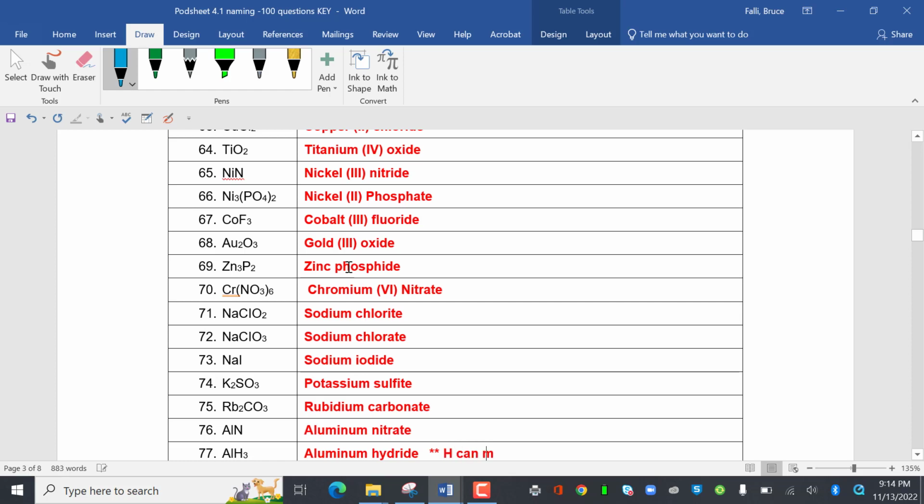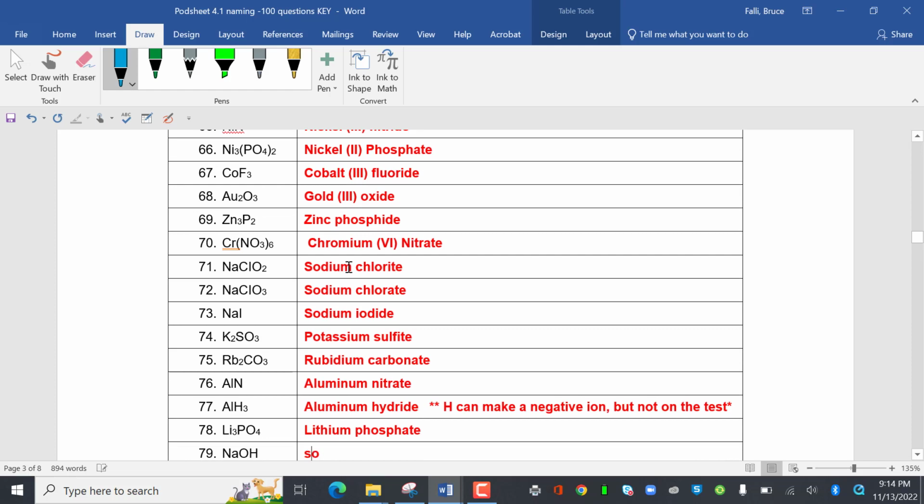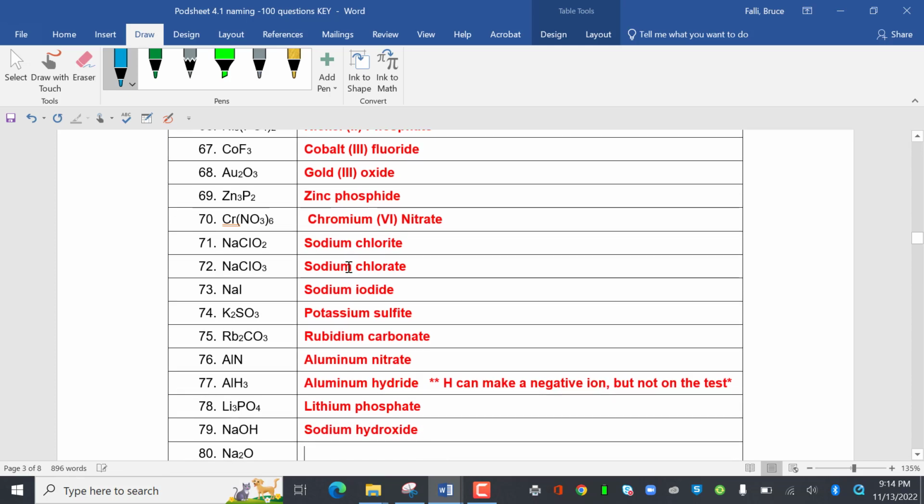H can make a negative ion, but not on the test. Oops. Lithium phosphate, sodium hydroxide, sodium oxide.